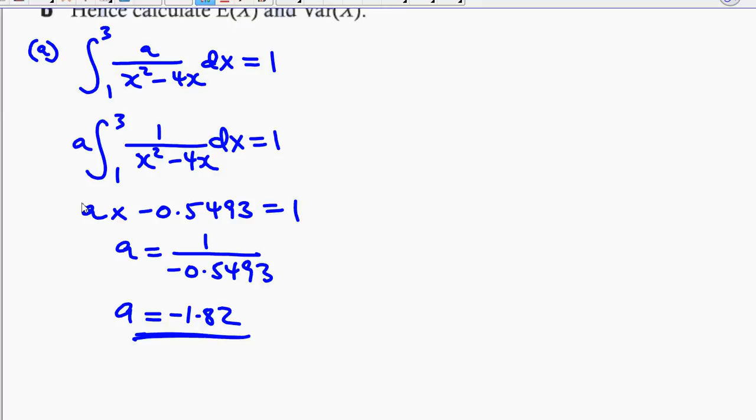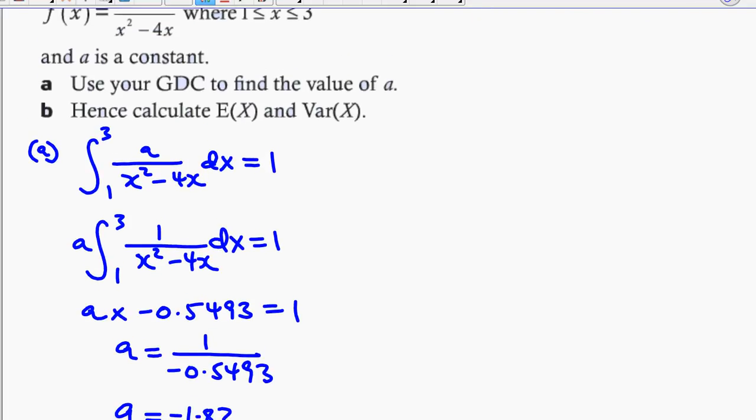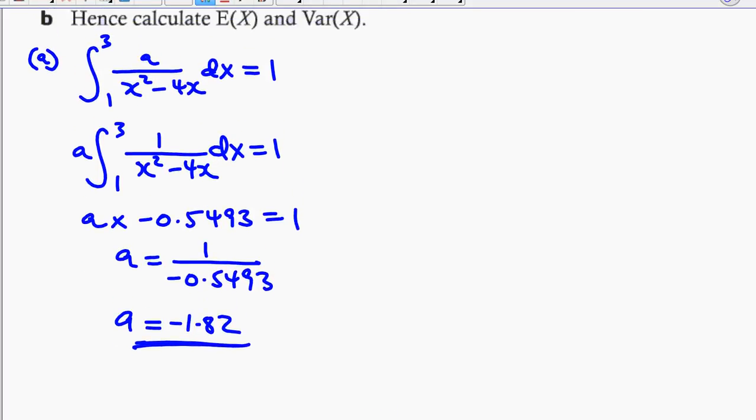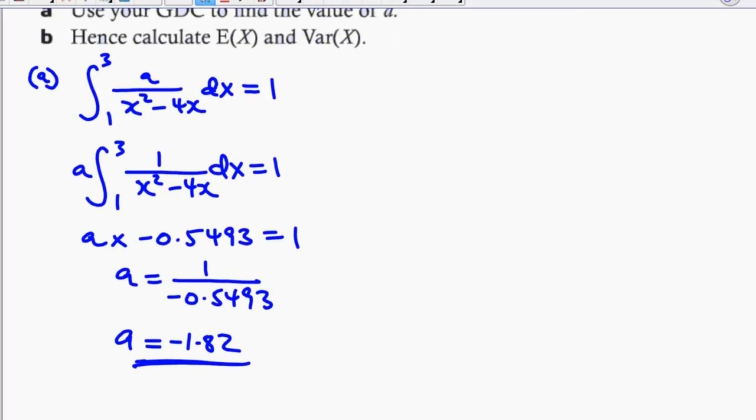And part B, they're asking us to calculate expected value and variance. So I'm just going to work it out here. Because this is a calculator question, this will be easy. Just plug the integral in your calculator.